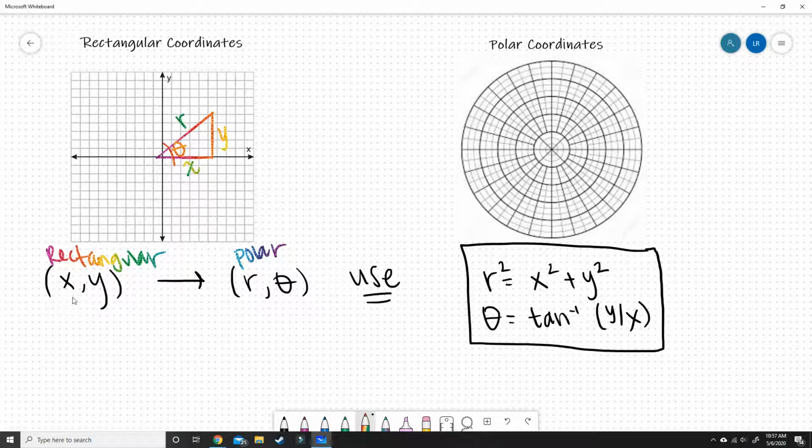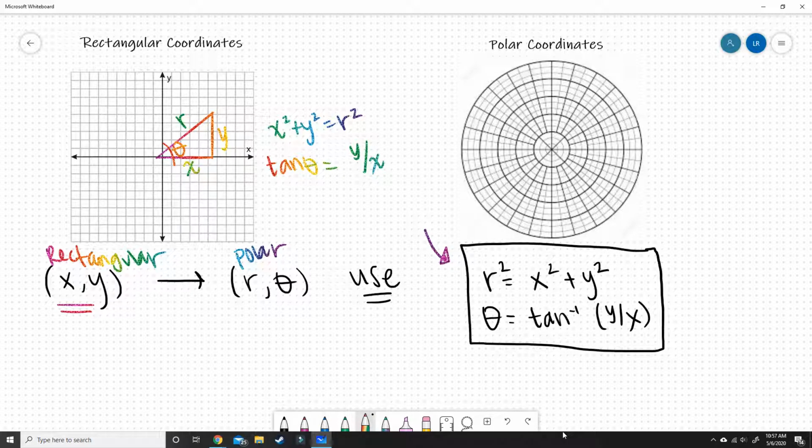And we know without a doubt, using the Pythagorean theorem, which we absolutely love, that x squared plus y squared equals r squared. And that is where that formula comes from. It's just the Pythagorean theorem. Now, the way that we found tangent was because if we're given y and x, then we know that the tangent of theta is opposite, which is y, divided by adjacent, which is x.